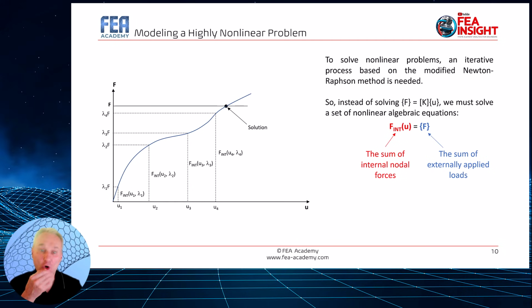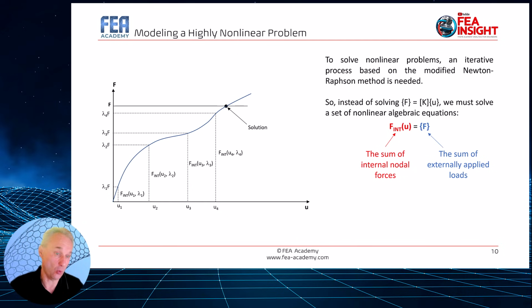For a nonlinear problem, instead of a linear algebraic equation, force equals stiffness times displacement, we must solve a set of nonlinear algebraic equations. This equation is the sum of internal nodal forces depending on the displacement equal to the sum of externally applied loads.